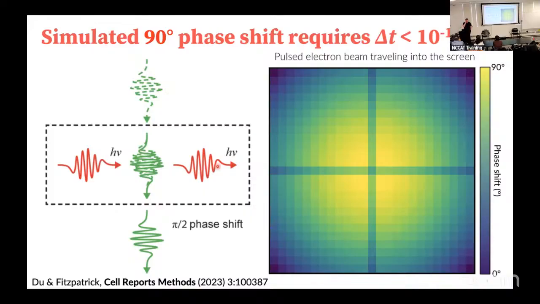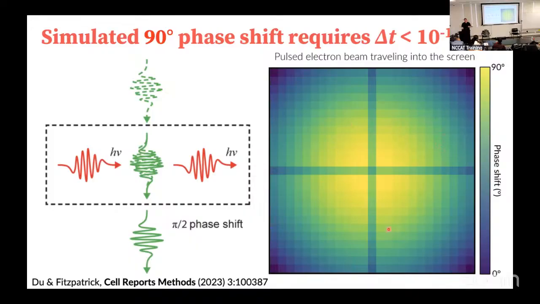When the postdoc and I were starting to think about this experiment, we had to decide how fast is fast enough. Daniel Du, the postdoc driving this, did a series of simulations and calculations showing that this schematic is what you would predict if you intersect a pulsed electron beam with a pulsed laser beam.